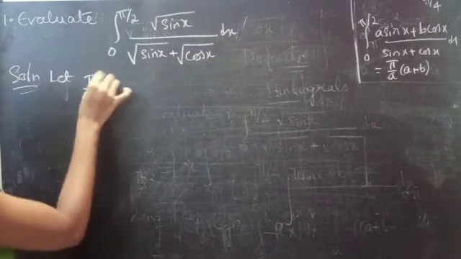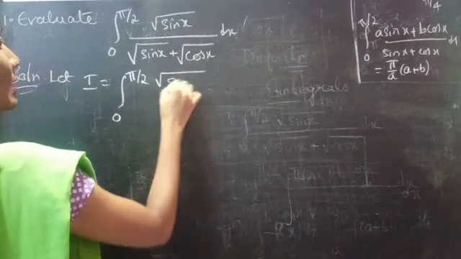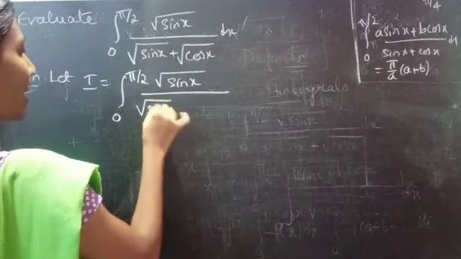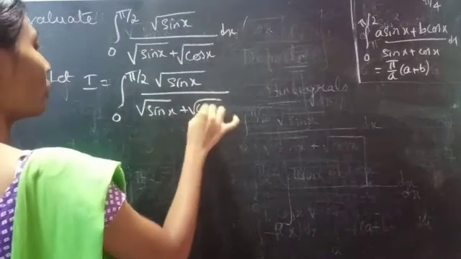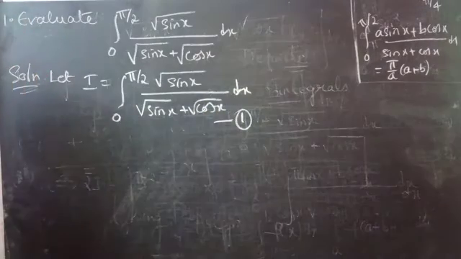Let I equal integral 0 to pi by 2 root sin x by root sin x plus root cos x dx. Consider it as equation 1.